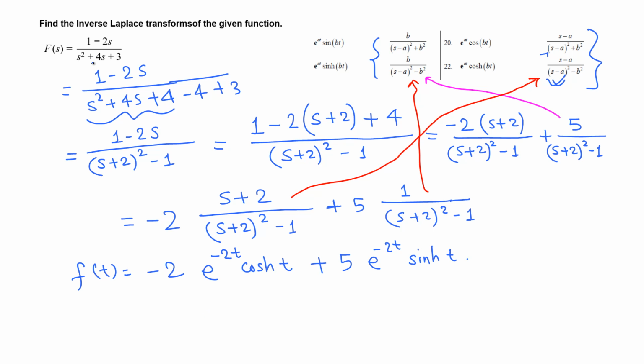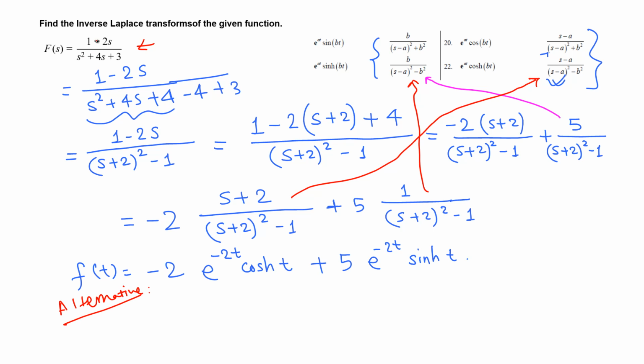Alternatively, looking at the original question, the bottom factors. So we can rewrite this fraction as a sum of two simpler fractions using the partial fraction decomposition. So let me show you that as well. Okay, alternative.